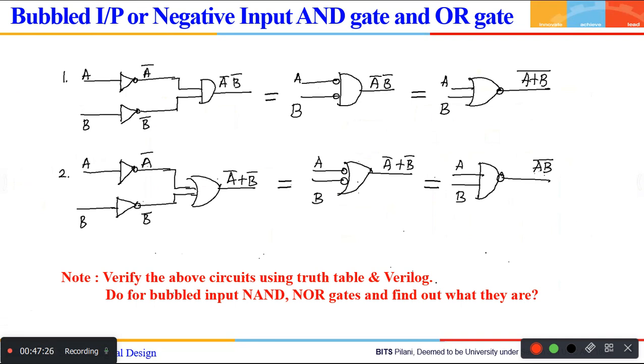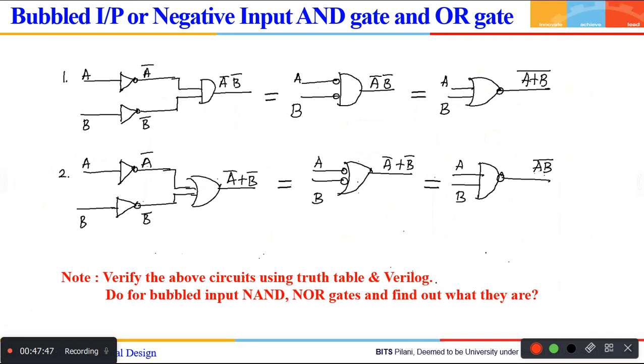If I have an AND gate, I should be able to implement that AND gate with a single gate, right? And what are those single gates to be used in place of all these? Those gates are called universal gates. And which are the two universal gates? Your NAND and NOR are called universal gates.